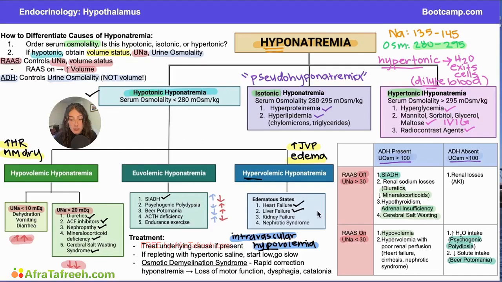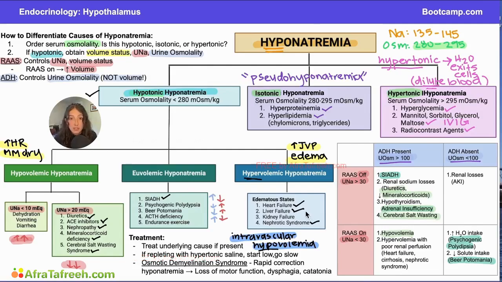Similarly, in liver failure, the problem is that one of the things your liver does is makes albumin. When we don't have enough albumin, we are unable to hold our volume within our vascular system. When we're not holding our volume in our vascular system, then we are going to have low volume intravascularly, intravascular hypovolemia. Your kidneys are going to sense this and again turn the RAS system on. In nephrotic syndrome, it's basically the same problem. You have low albumin.